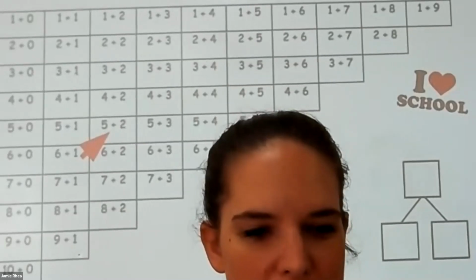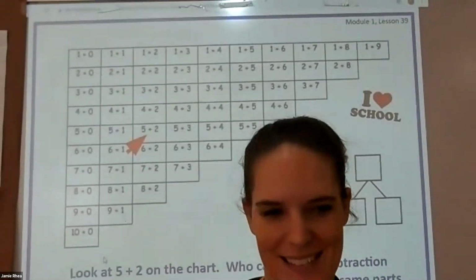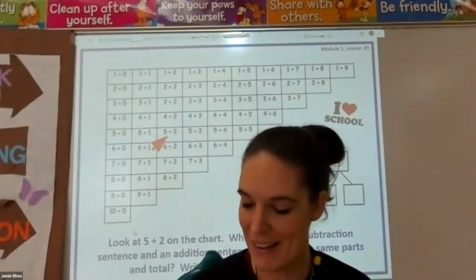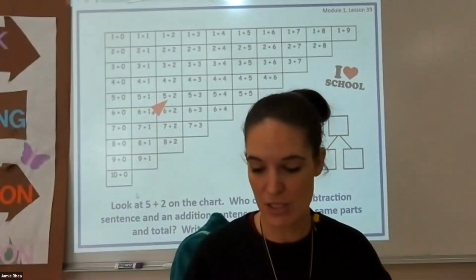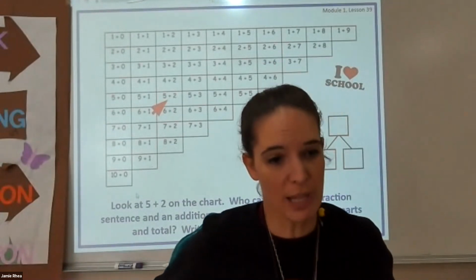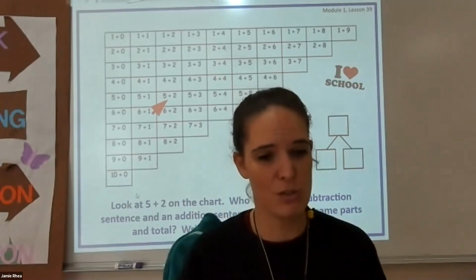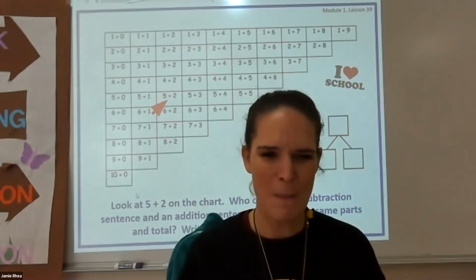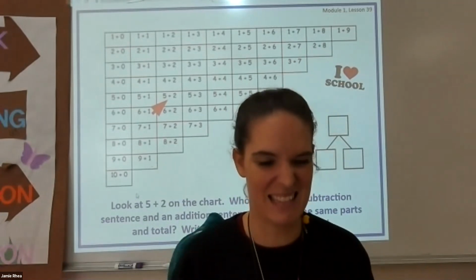Okay, let's stop this. And let me zoom out so you can see me. Okay, now let's talk about this problem set because again, like yesterday, you probably don't have your addition chart. I have given it to you in your Google Classroom, but it's not as easy as that.